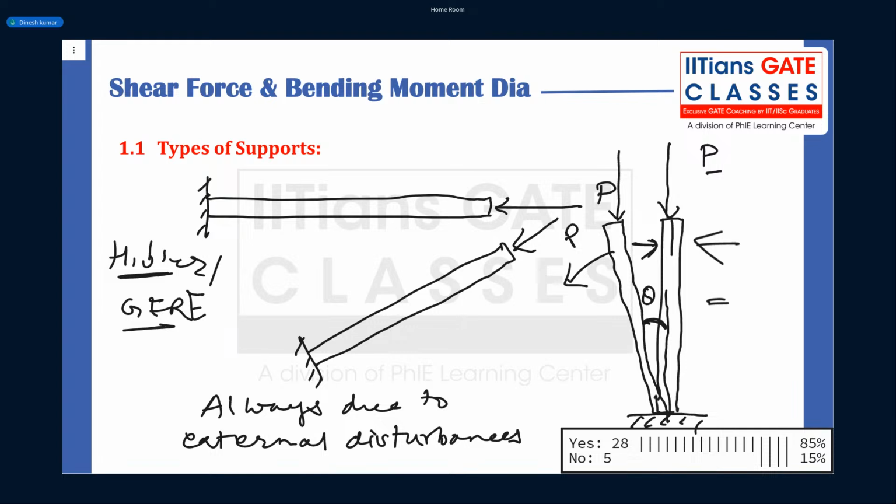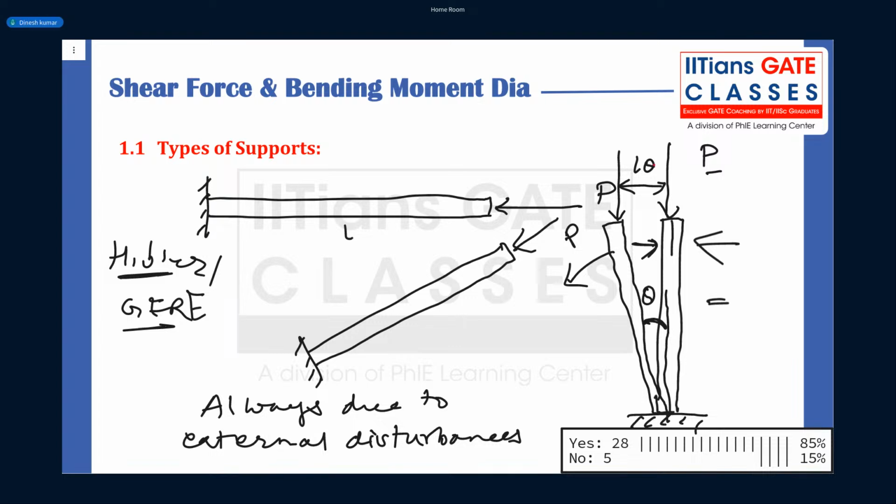So guys, what happens when it deflects? Suppose it got deflected by some deflection, which will be what? If length is L, this deflection will be L theta, right?